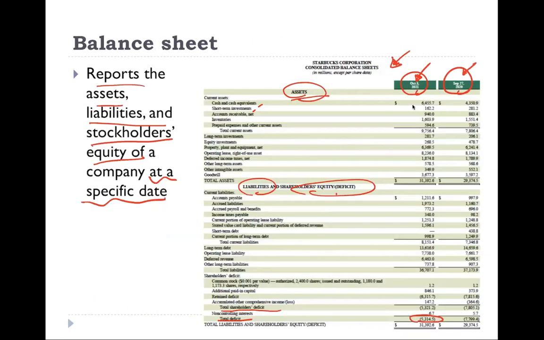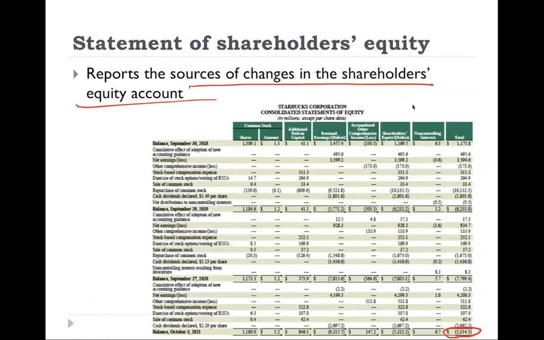The last period balance is 7799.4. You can find it here. The statement of stockholders' equity explains how the firm's stockholders' equity changed from 7799.4 to 5314.5. By the way, all of those are negative amounts. So this is basically an explanation of why it happens.